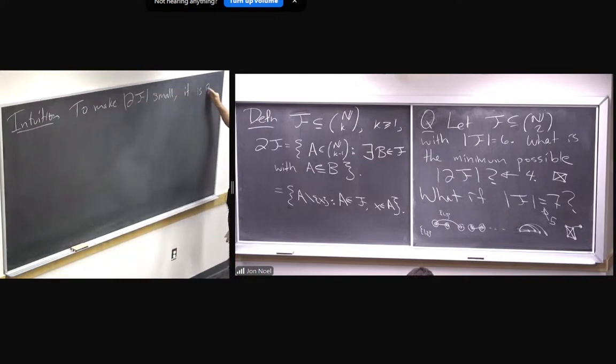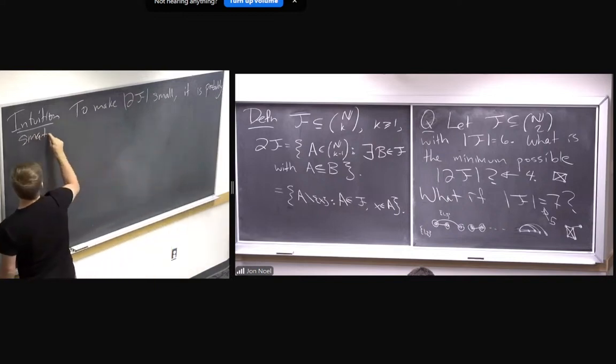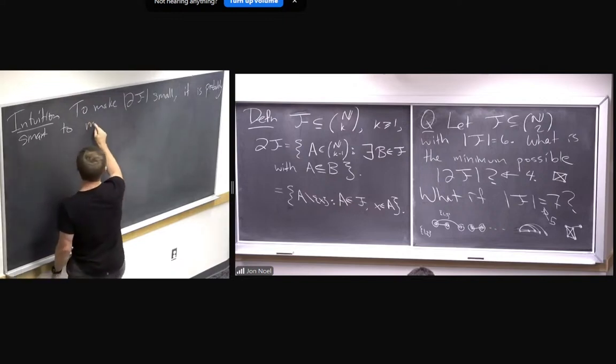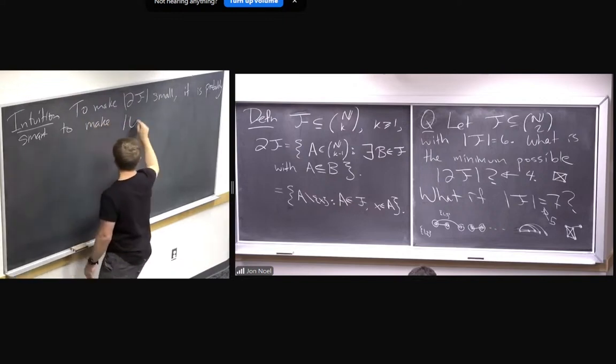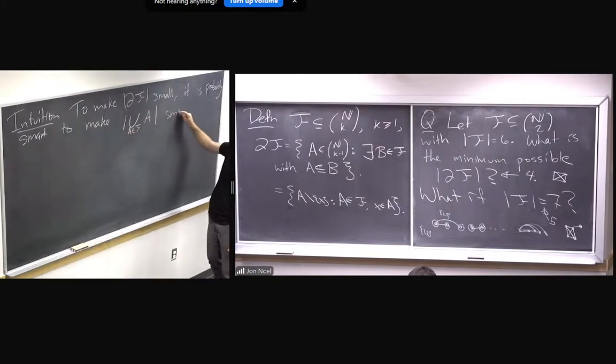This is all really hand wavy, but I guess it's probably smart to not cover that many points, to make the union of all the sets in F small. If you start introducing more diversity of different things in your sets, you're probably going to get a more diverse shadow. You're going to get more sets coming up. So it's probably a good idea to make the union small.